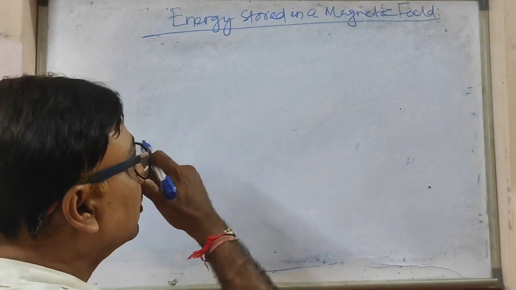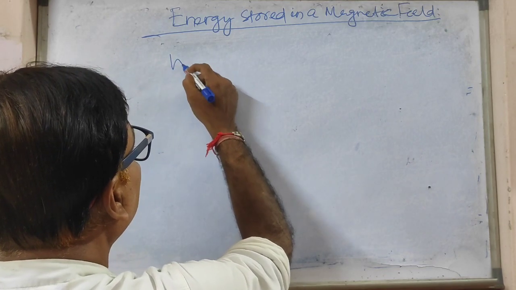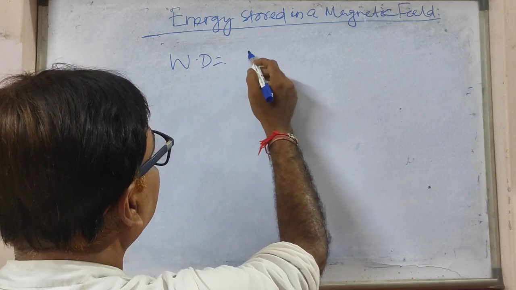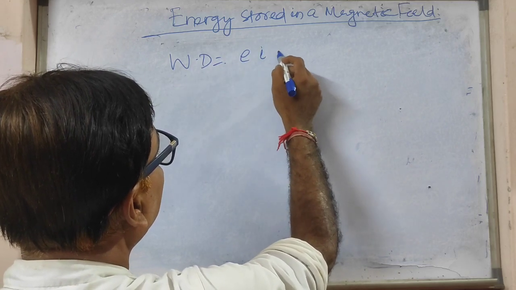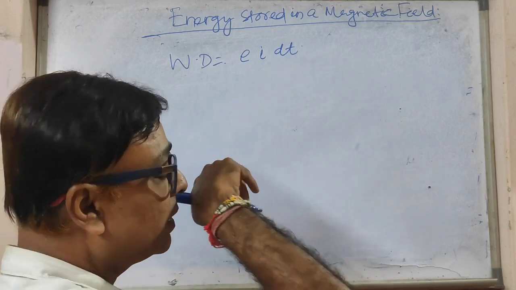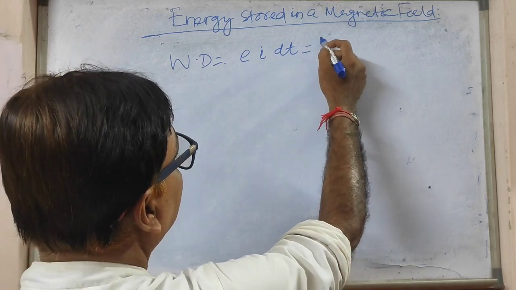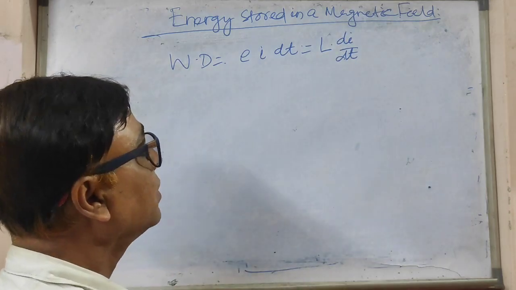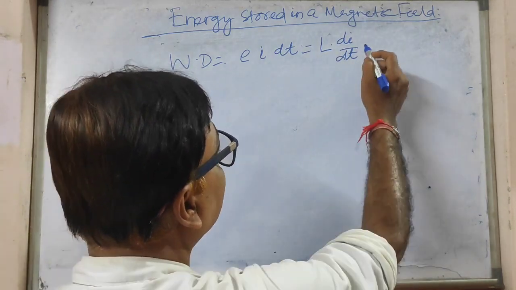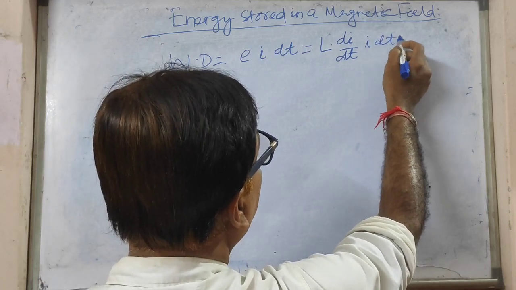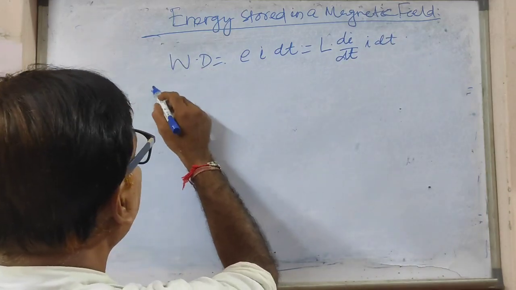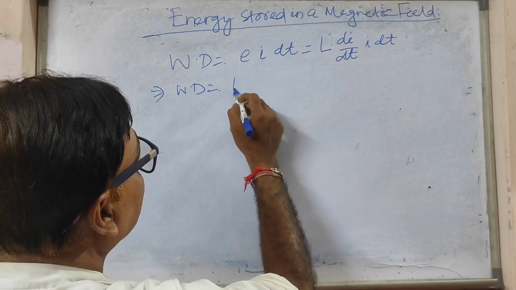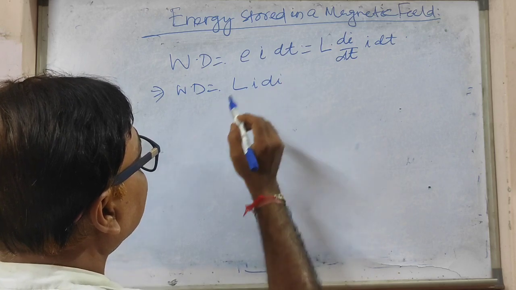Now that work done, or energy, is equal to EI dt, and we know that E is equal to L di by dt, the EMF induced in the inductor, into I dt. So dW, the work done, is equal to L I di.